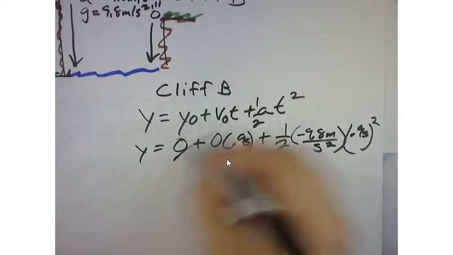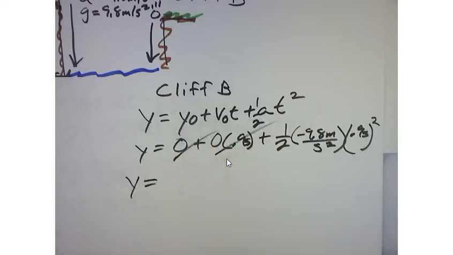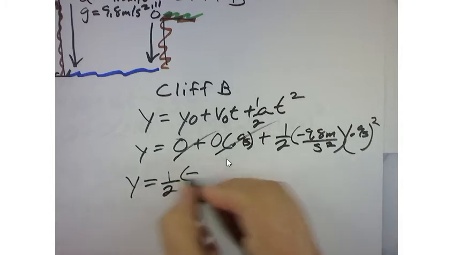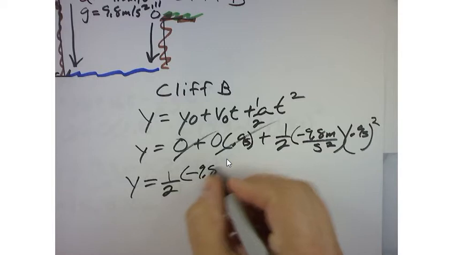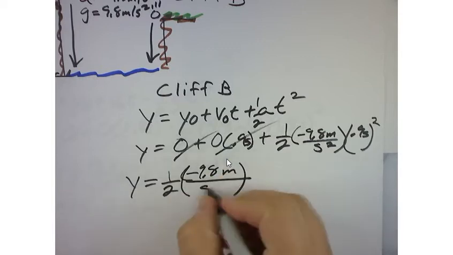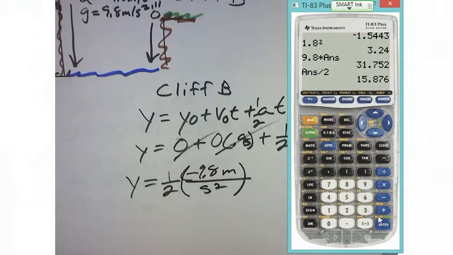All right. So this term goes away, this term goes away, and I get y is equal to 1/2 times the quantity 9.8 meters over second squared, and then this 0.9 squared business, right? So we're going to say 0.9 squared, and I get 0.81.